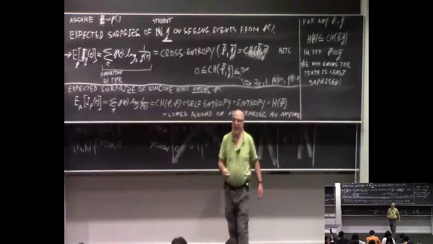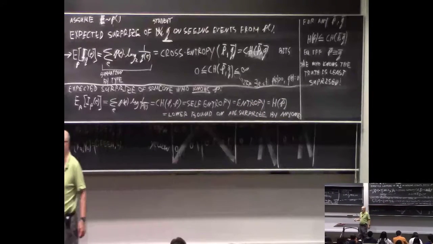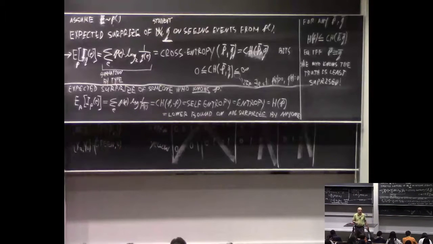You can say that the entropy of a source is the inherent uncertainty, the irreducible uncertainty associated with that source of events. And cross entropy is the actual surprise, or the actual uncertainty experienced by someone who may or may not know the true distribution, may or may not know the truth.